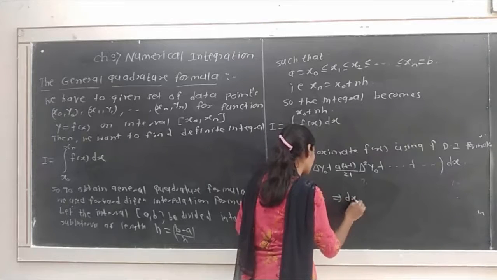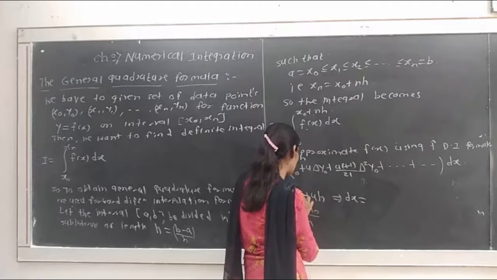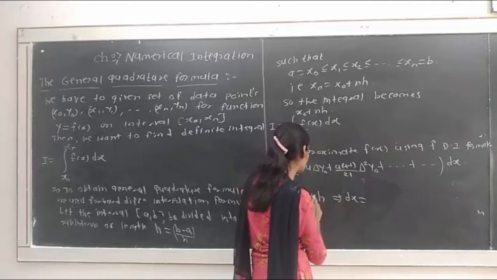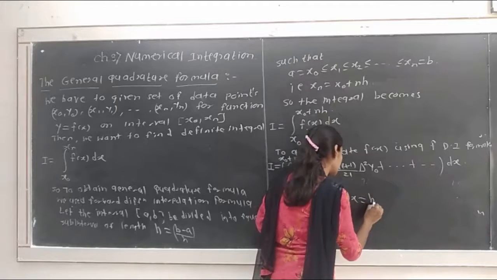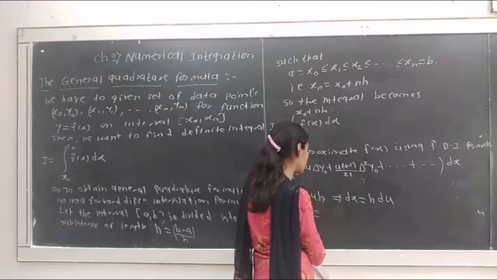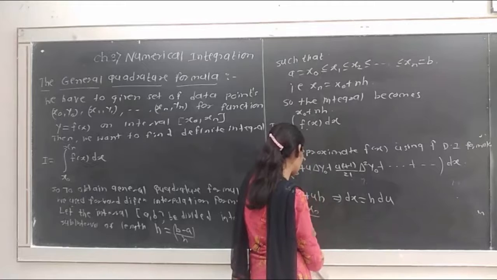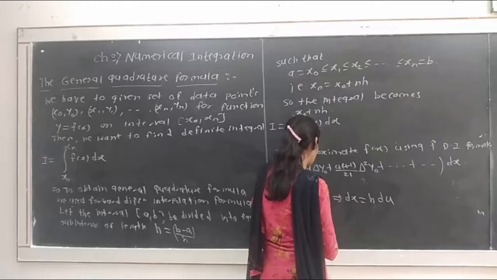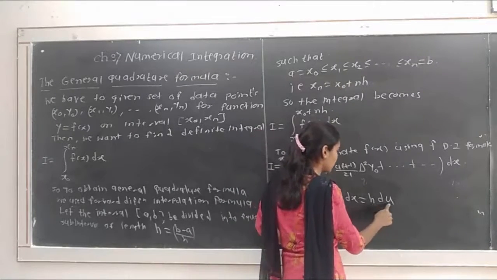From that we get dx: x0 is a constant, so its derivative will be 0. h is also a constant, as h is b minus a divided by n, and the derivative of u will be du. So dx is equal to h into du.